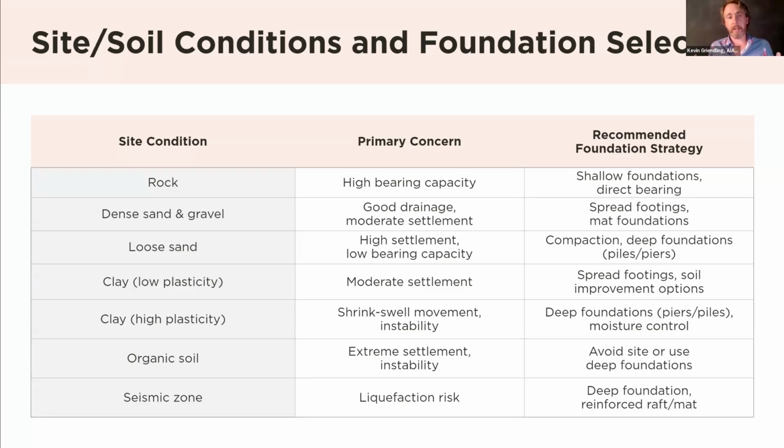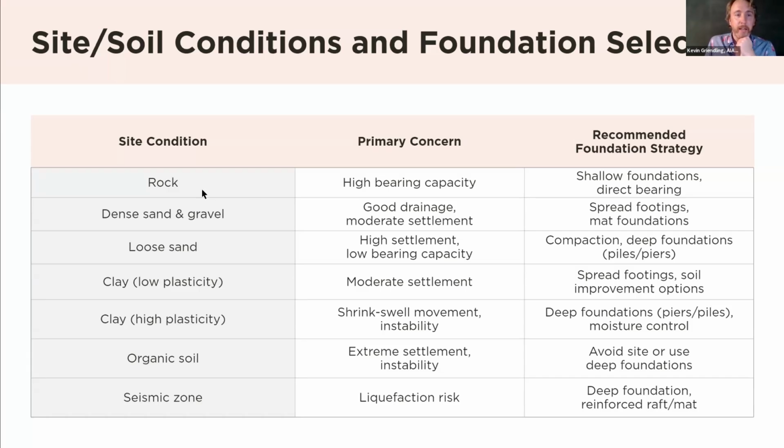This is a broad, high-level table that gives you a sense of your broadest and probably most orienting decision class. And I say decision class because you start here, right? You have to understand what the site condition is to understand what your primary and secondary concerns are. And then you look at other impacts and you make informed decisions down the road.